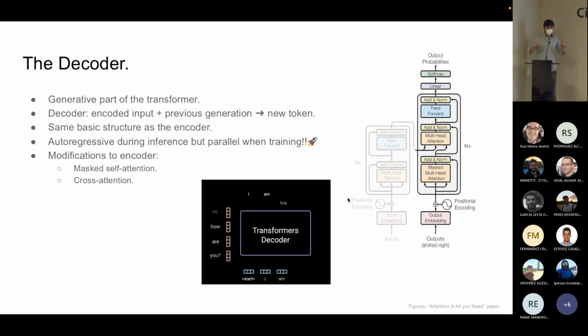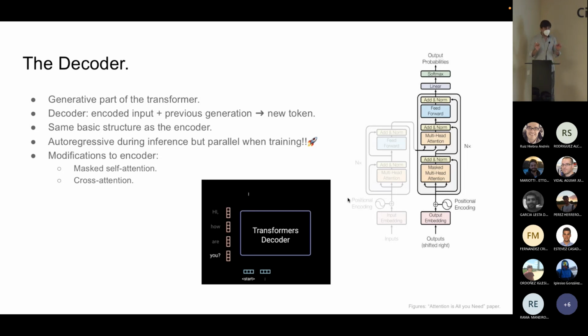We must note that we only need to encode one time. We encode the sentence in English one time, and then the decoder, for generating every word in French, will reuse the same representation. We can see here in the animation how it works. It gets the encoded representation, and in each time step, the decoder starts generating the translated words.